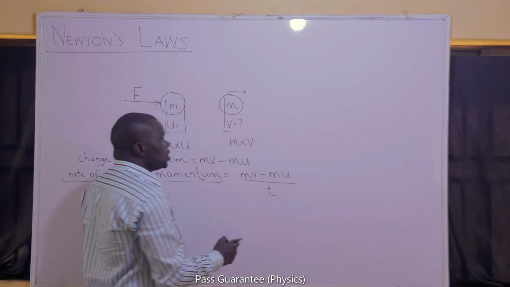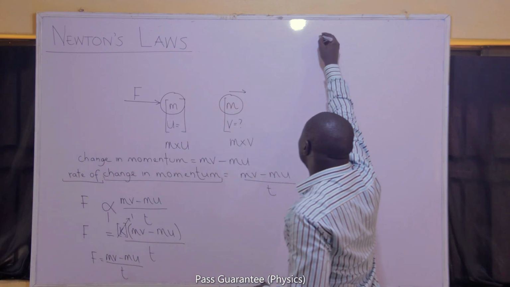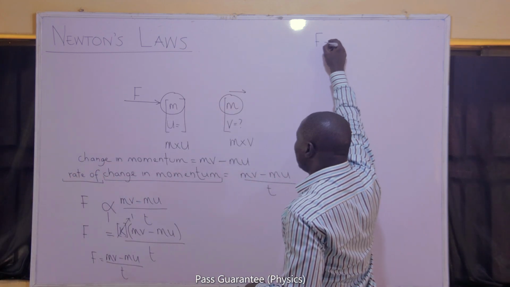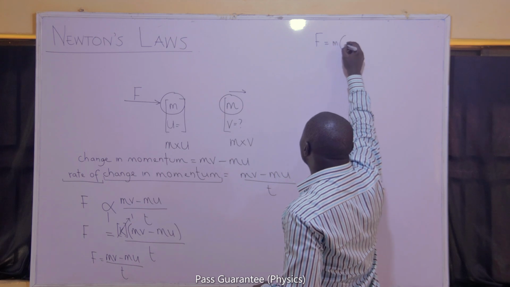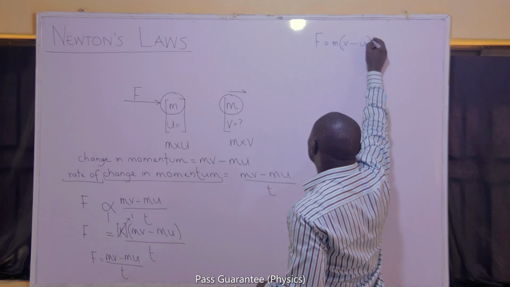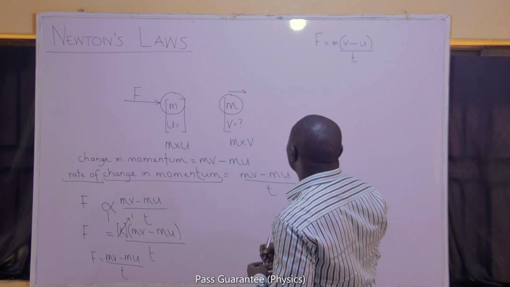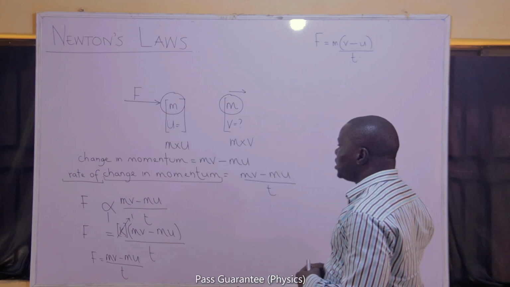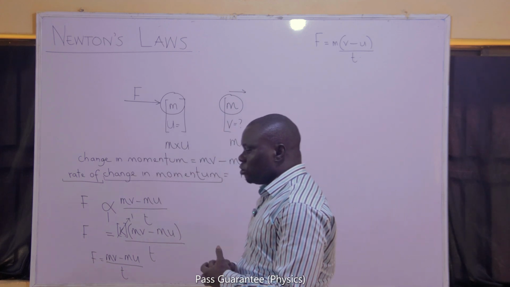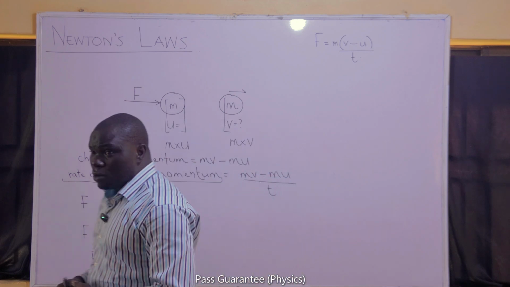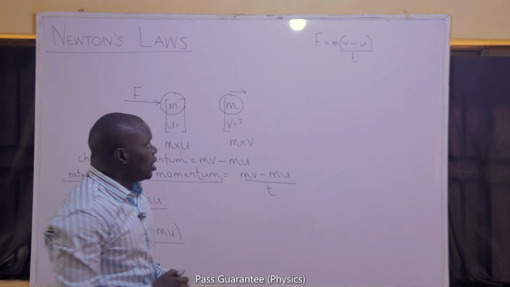If we continue with the simplification, we should have F is equal to m open bracket (v minus u) divided by t. If that is the case, we have an equation that can represent Newton's second law of motion. But we can still simplify it.